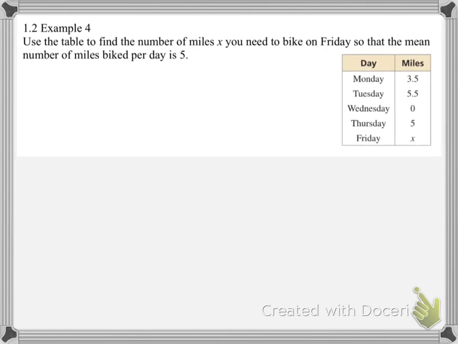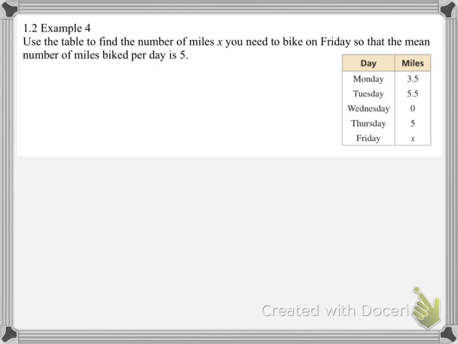Okay. So this was from section 1-2. It says use the table to find the number of miles x. So they even defined the variable here. X is the number of miles that you need to bike on Friday so that the mean number of miles biked per day is 5. So first we need to understand the problem.